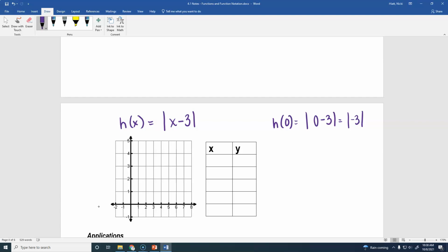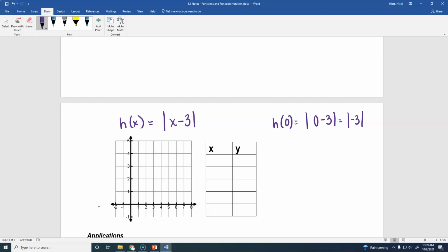Absolute value is the distance a number is from 0. Distance is always positive, right? One of my teachers taught me that the absolute value is like a washing machine, and it washes away all the negatives. Let's think of negatives like dirty clothes. If you throw dirty clothes into the washing machine, it's going to wash away the dirt. They're going to come out clean, right? What happens if you throw clean clothes in the washing machine and wash them? They stay the same, but they still come out clean.